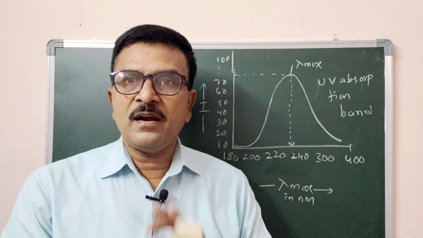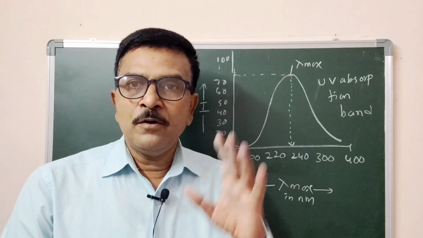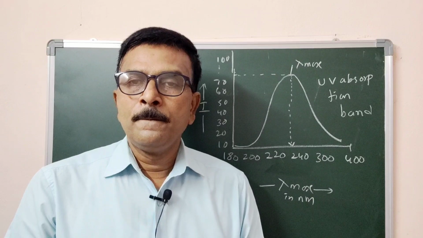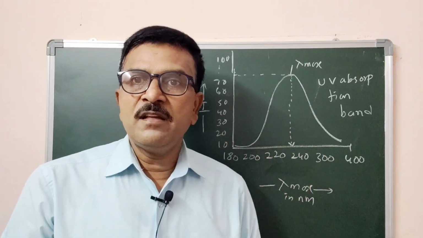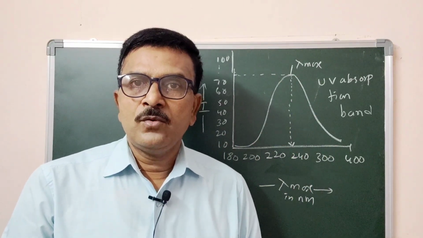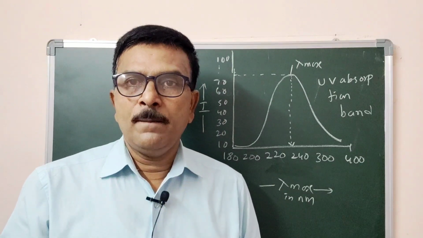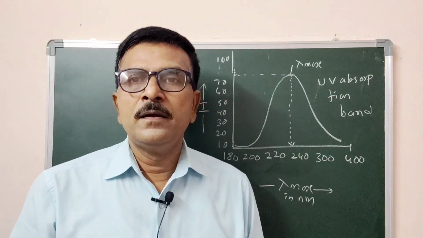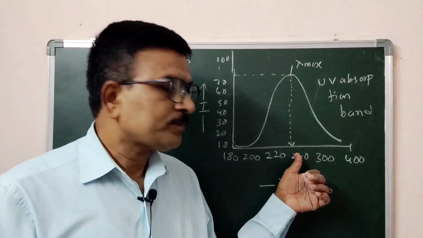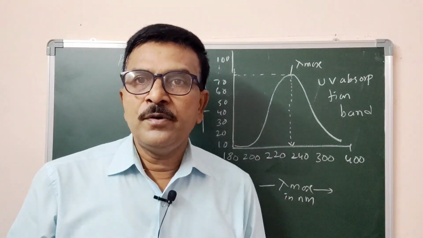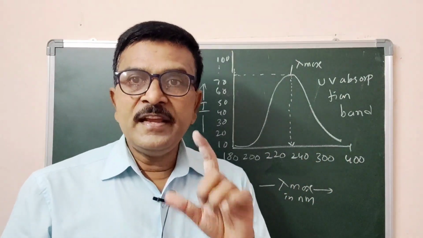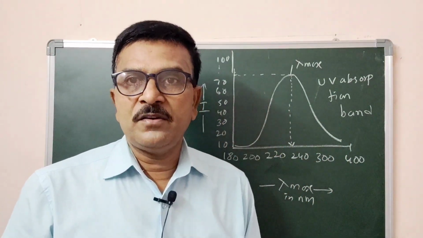We have collected the transmitted radiation, measured where the energy is decreased from the incident, and the data is presented in the form of a graph. So we get bands like this called UV absorption bands. The position of the UV absorption band is a signal indicating the type of electronic transition.